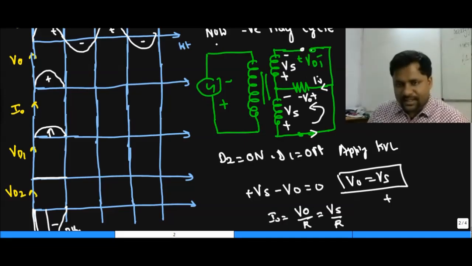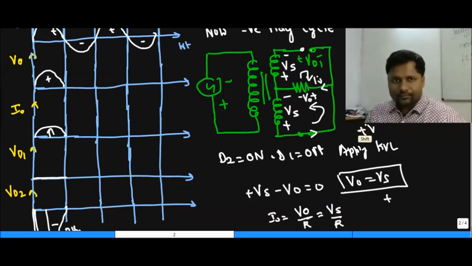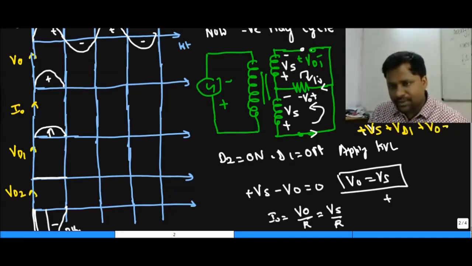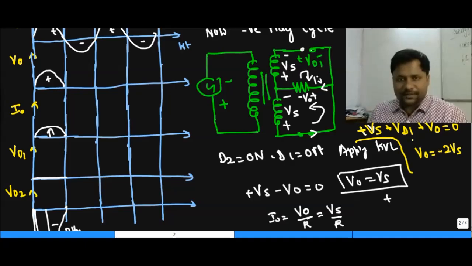And the second thing, the voltage across the diode D1 is going to be taken by making a loop like this. So, in a different color, it should be plus Vs plus Vd1 plus V0 equals 0. And we can say that the output equals minus 2Vs like the previous case.